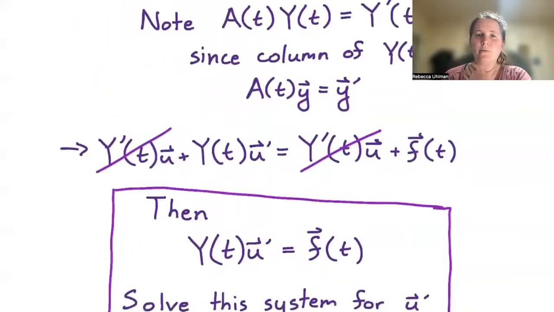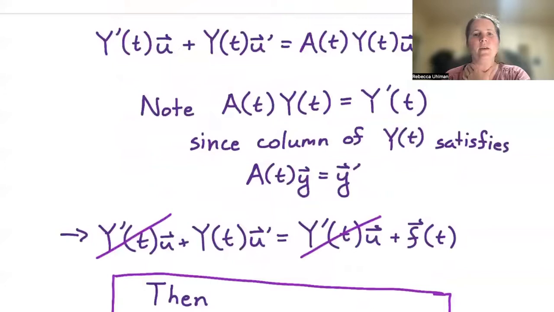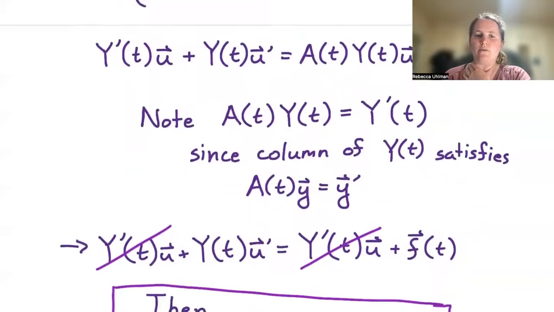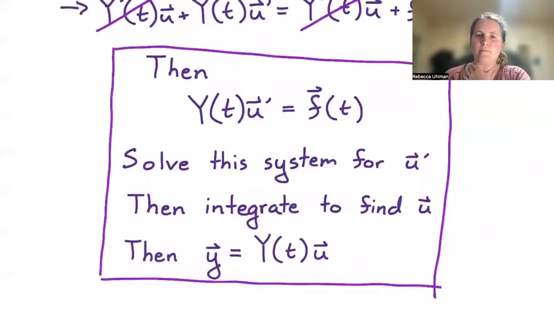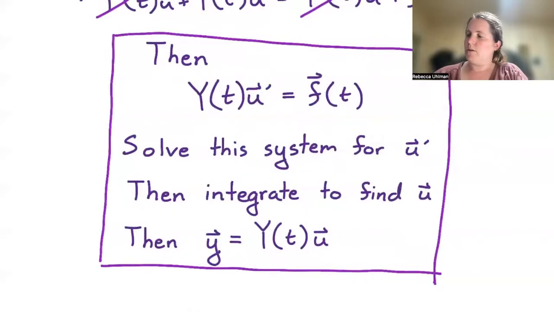So you do not need to rework through this theory each time. We can jump straight to that formula that I found. So in the next videos, we will do a couple examples of running variation of parameters.